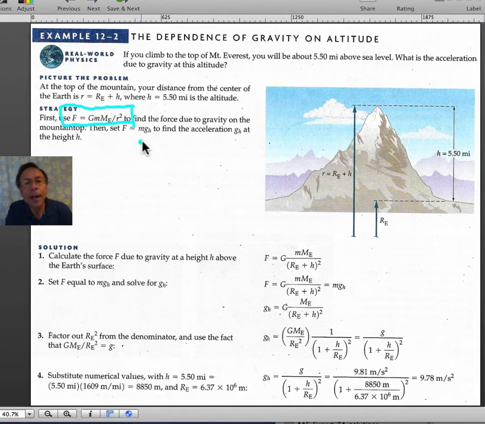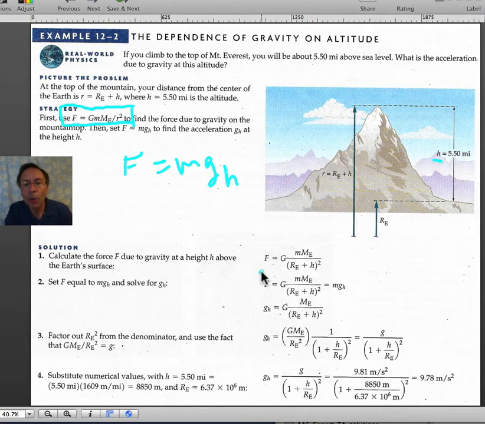Before, in previous chapters, we would have just said the force on that pen is mg. But now, since we're up at the top of this mountain at a height h above sea level, we're going to call it g sub h, just to distinguish it from regular g. So regular g is 9.81, g sub h is whatever it's going to turn out to be at the top of the mountain.